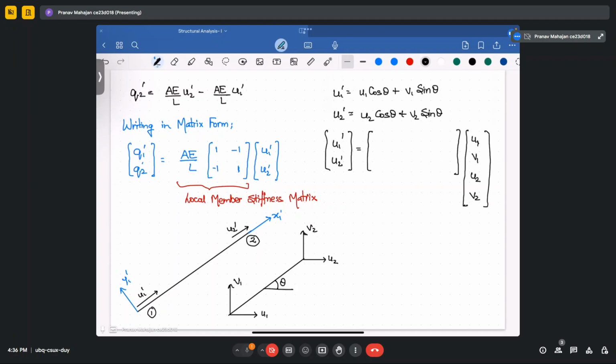So in that case, the first row will be cos theta, sin theta, 0, 0. Now for u2, the row will be 0, 0, cos theta and sin theta. Okay, so this is your transformation matrix.